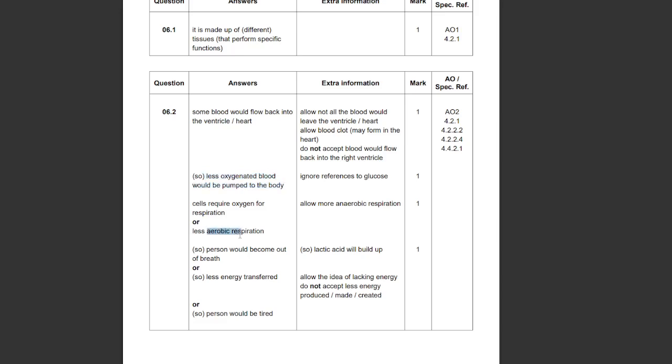That means there's less aerobic respiration, meaning that the person would be tired. So any of these 3 points is good enough to get you the marks. You need to definitely say that some of the blood will flow back into the ventricle to get that 4th mark. Question 6.3.